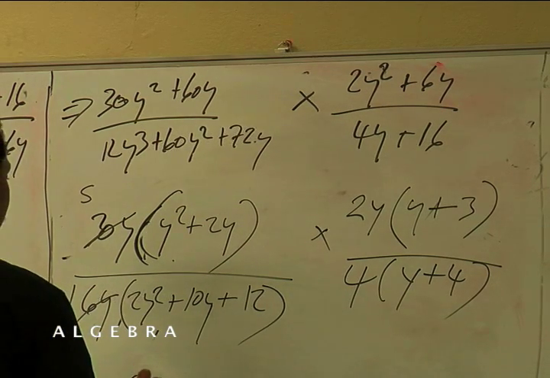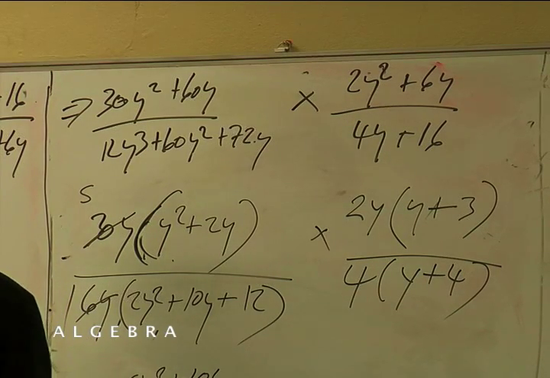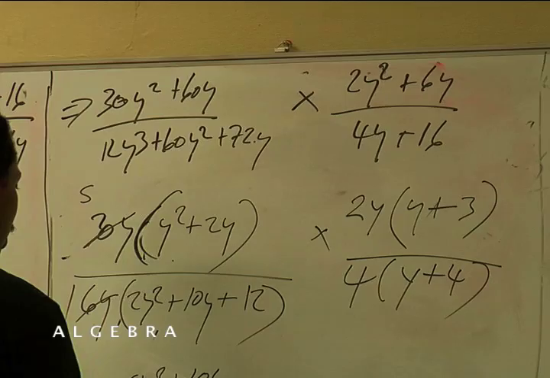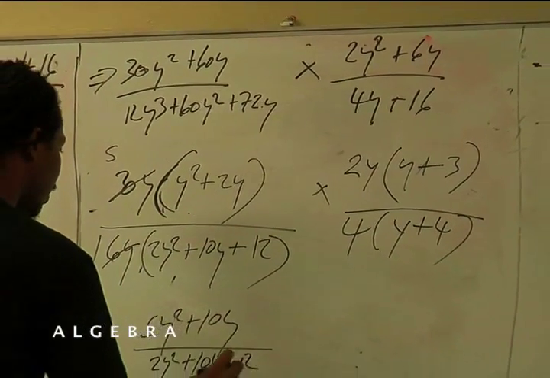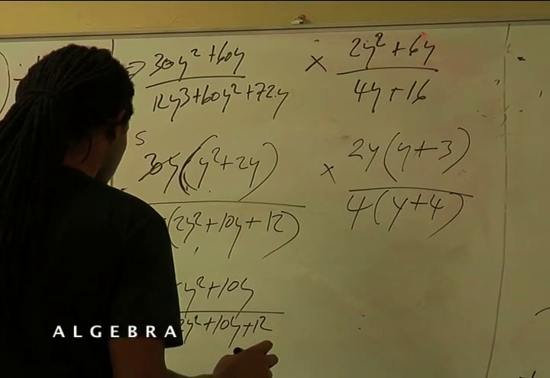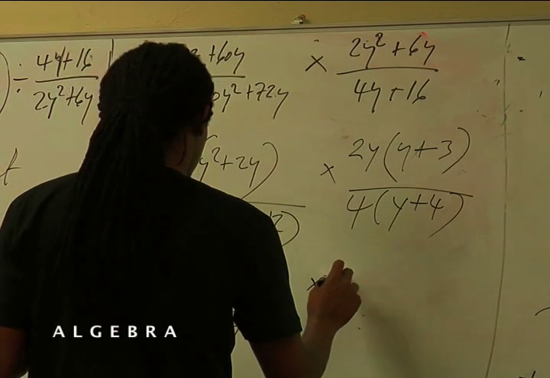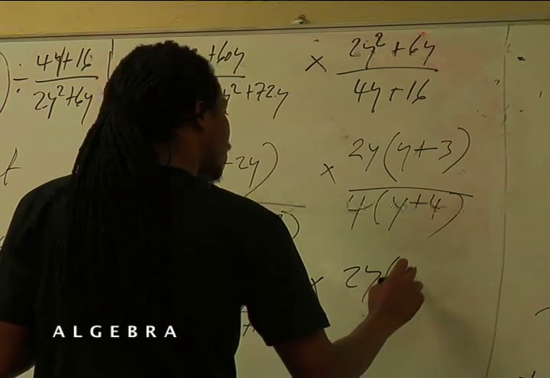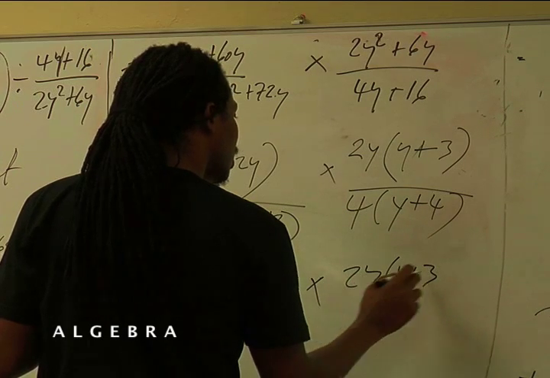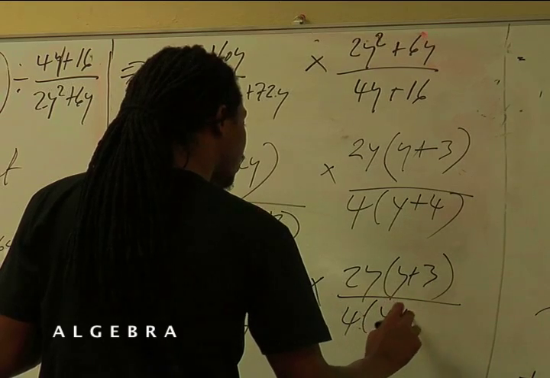So that will give me 5y squared plus 10y over 2y squared plus 10y plus 12. 5 times 2y bracket y plus 3 over 4 bracket y plus 4.